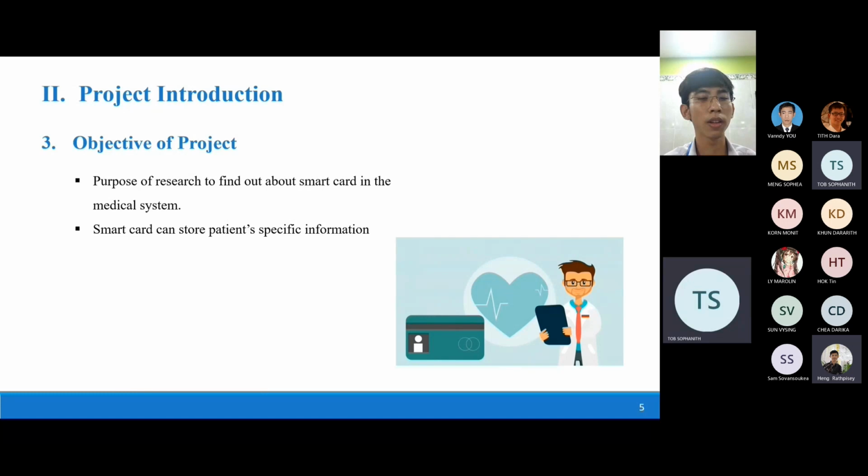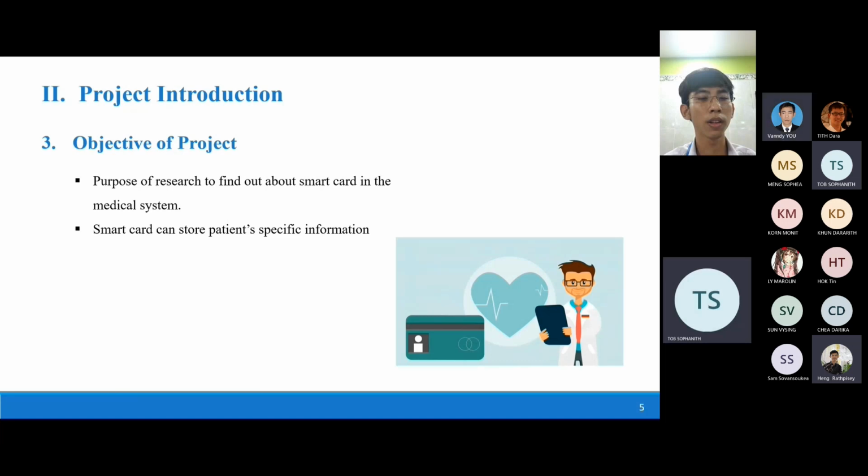But smart card is easy to update information and it's easy for patient to carry, and doctor also can check the information of patient, can delete or update it. It's easier than a paper record.